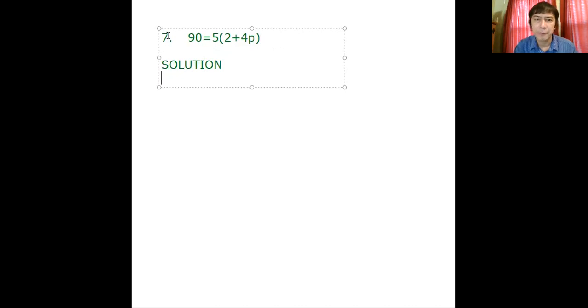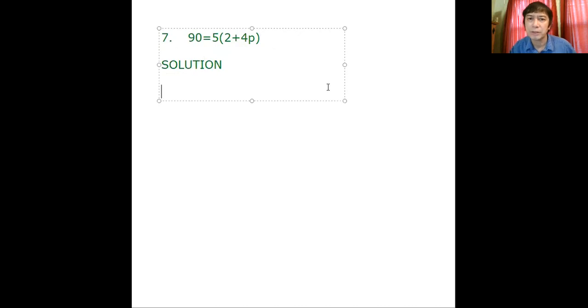How about the plan in solving this particular problem? For me, I usually try to reduce the numbers if it's possible. And 90 is divisible by 5, so we can start by division, making the numbers smaller.